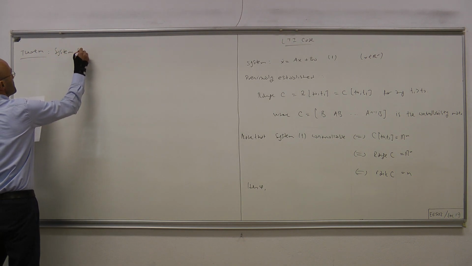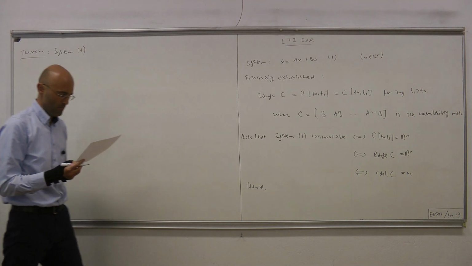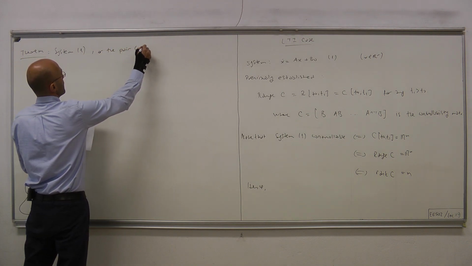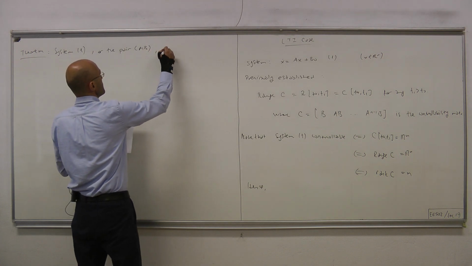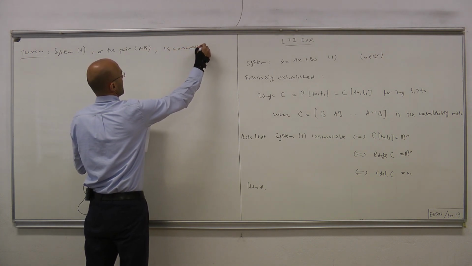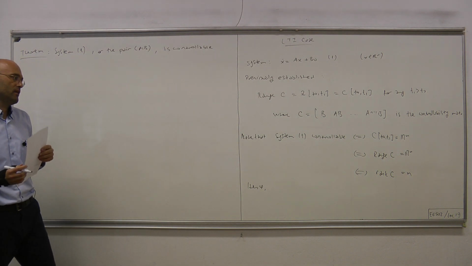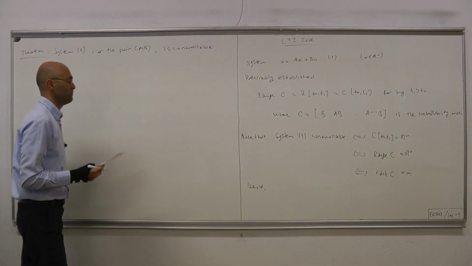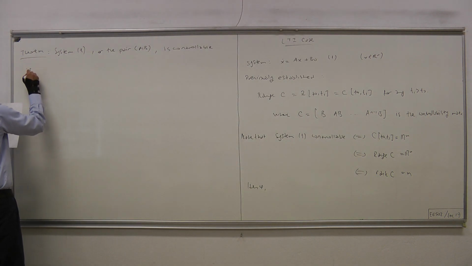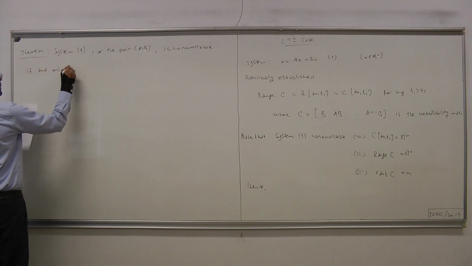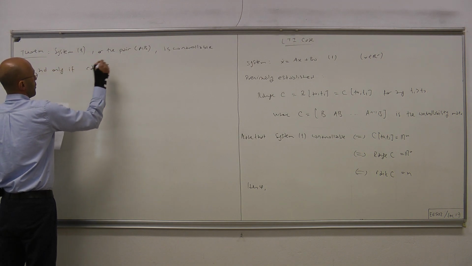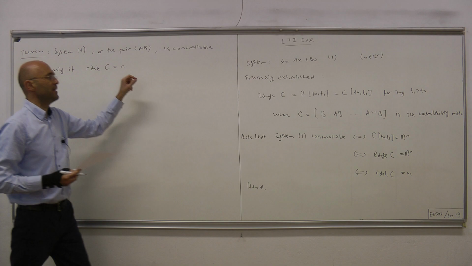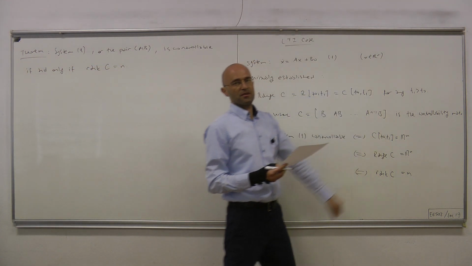The LTI system 1, or equivalently the pair AB, is controllable if and only if the rank of the controllability matrix is n, where n is the order of the system.